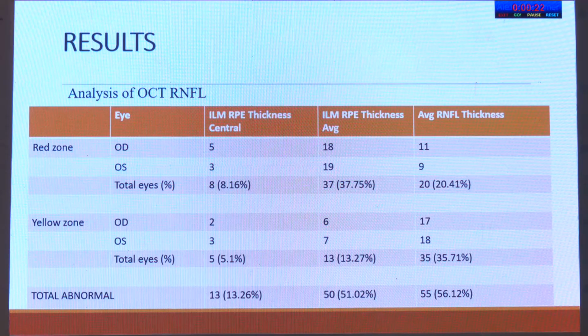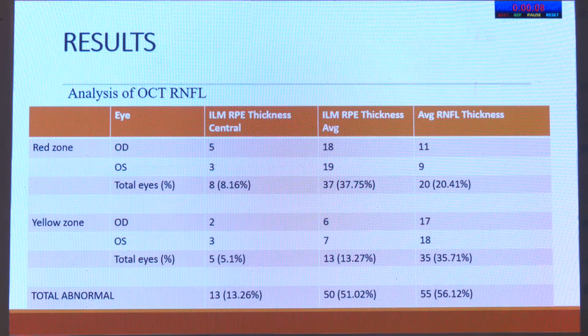Then analysis of OCT with RNFL: the majority of the eyes were present in the red zone, with the RNFL thickness central and average thickness in the total eyes majority in 37%. In the yellow zone it was 13%, and abnormal total was 50%.